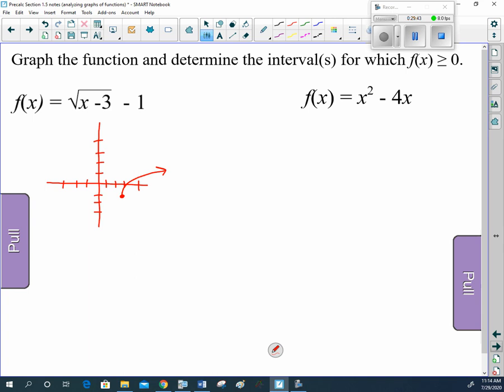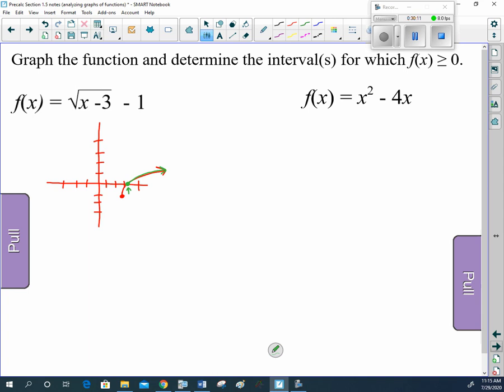So where is it greater than or equal to 0? So what we need to do is figure out right here is where it crosses 0. So we need to have from here over. That's what we're looking for of that graph. So I need to figure out what that number is. Okay, since I made a sketch, I don't really know. I mean, it looks like it's more than 3. I don't know what it is, 3.2, 3.3, I don't know.